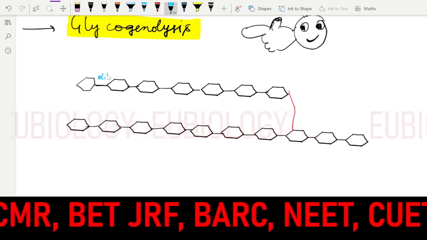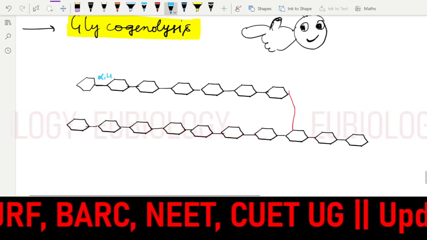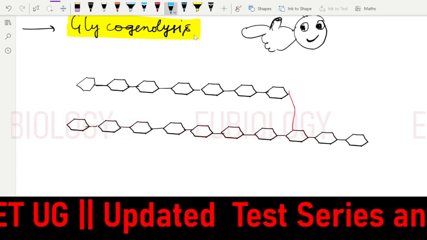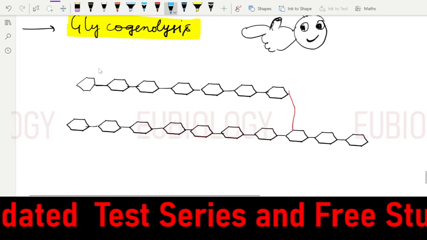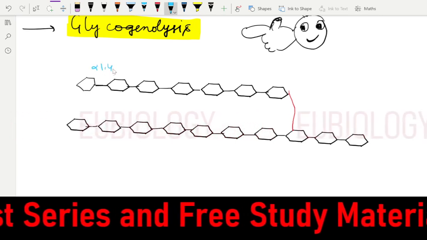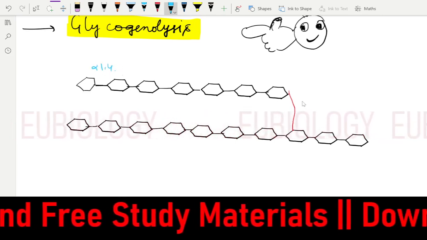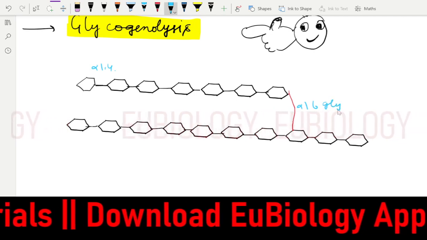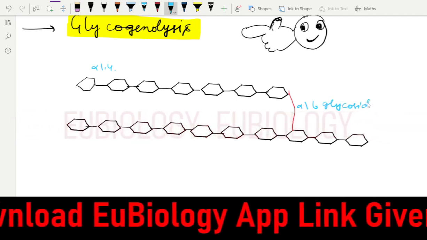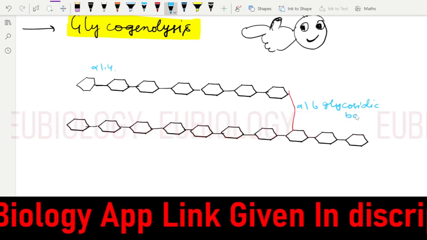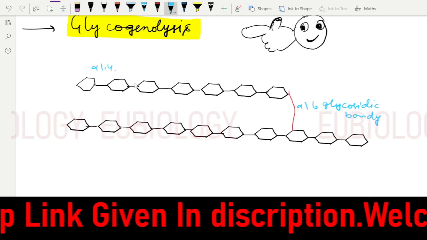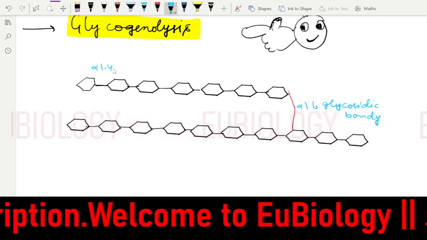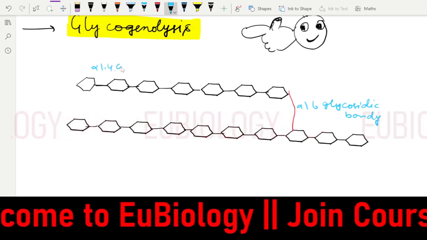This is an alpha 1,4 glycosidic bond, and this is an alpha 1,6 glycosidic bond. So from where can we start breaking this glucose chain?